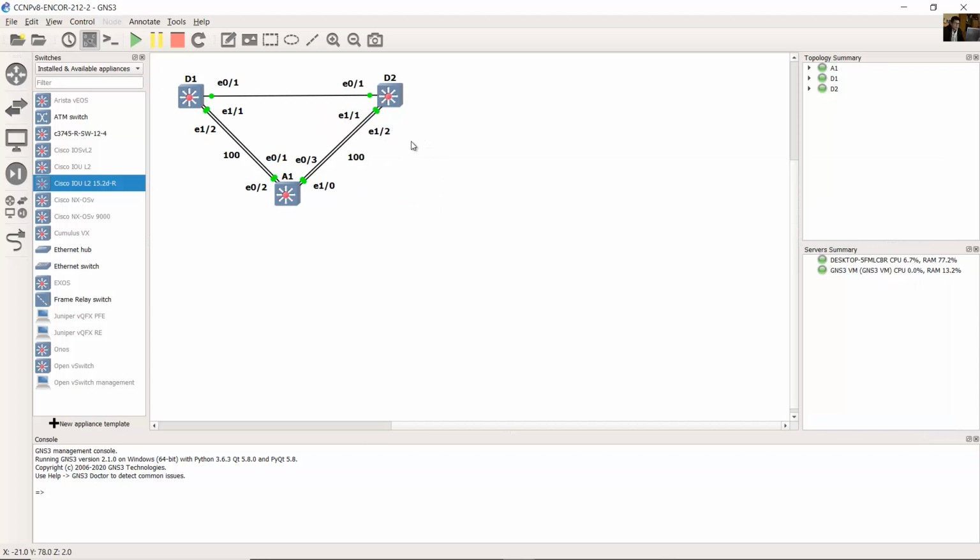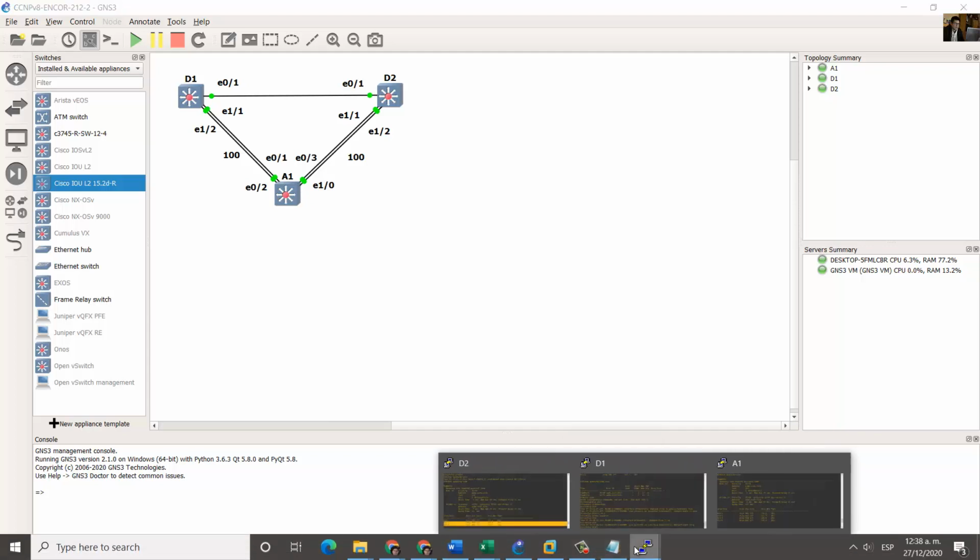On the other side, Ethernet 0/3 and 1/0 are alternate, in blocking state. So these two links are not active.